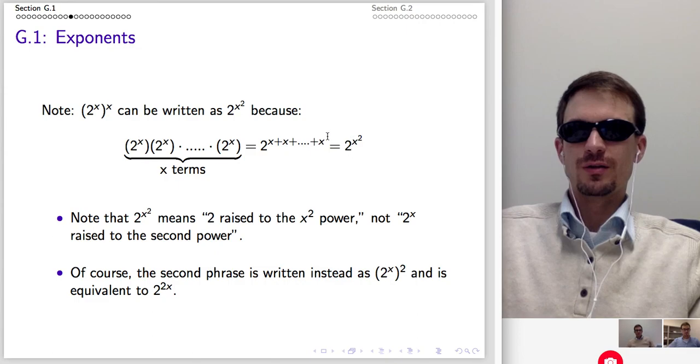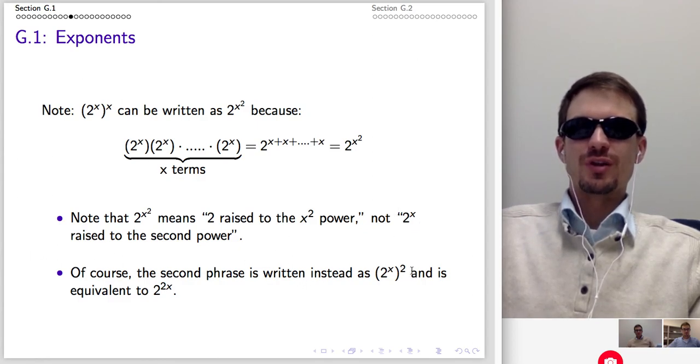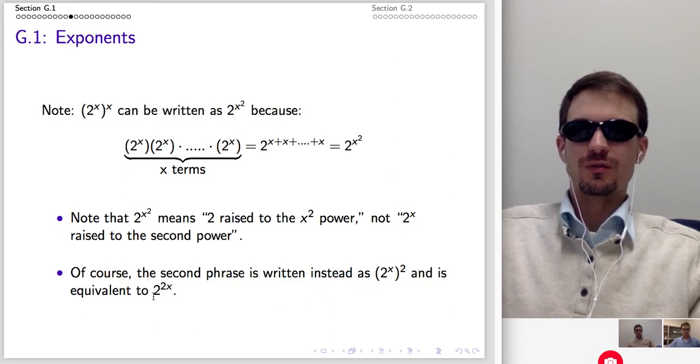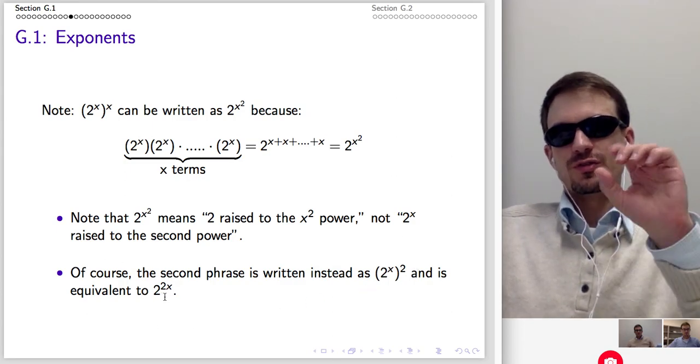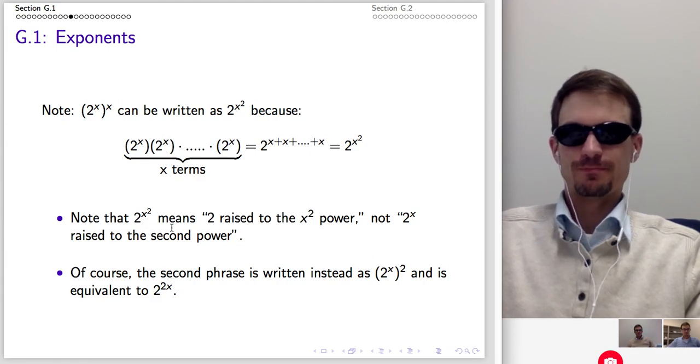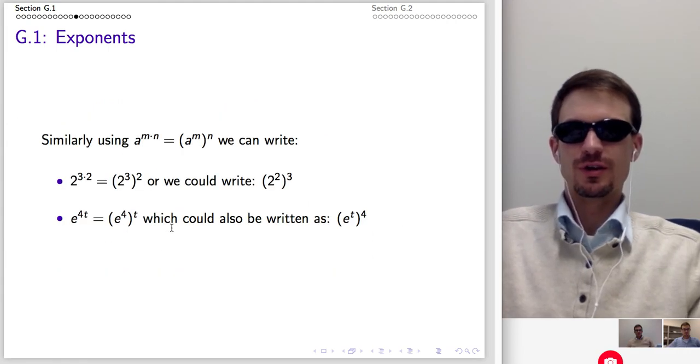Right? This is 2 raised to the x squared power, not 2 to the x to the second power. Okay, of course, the second phrase is written instead as 2 to the x squared, and is equivalent to 2 to the 2x. Okay, so just a point of clarification.